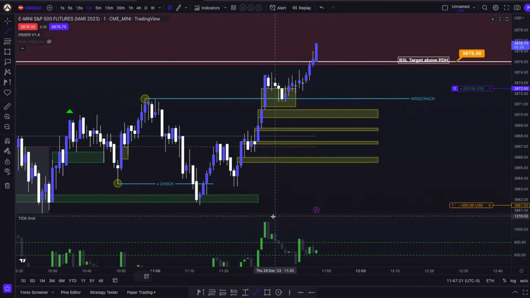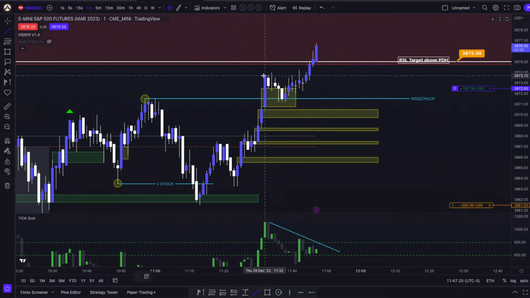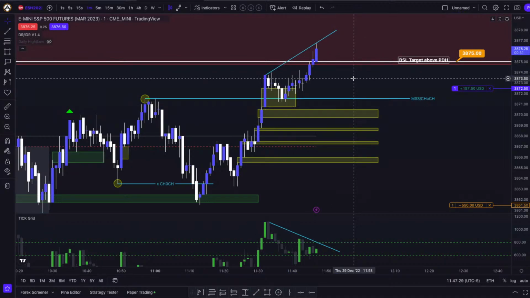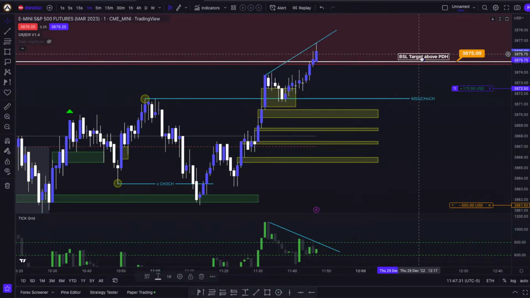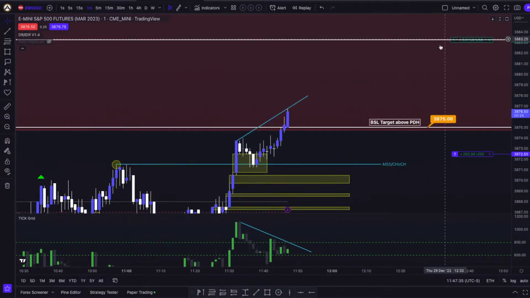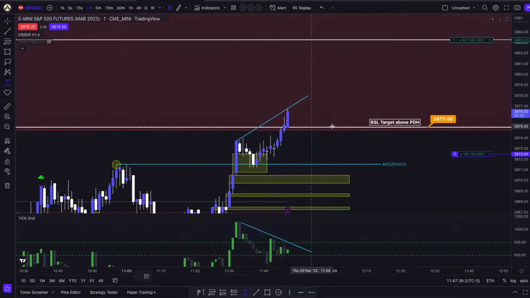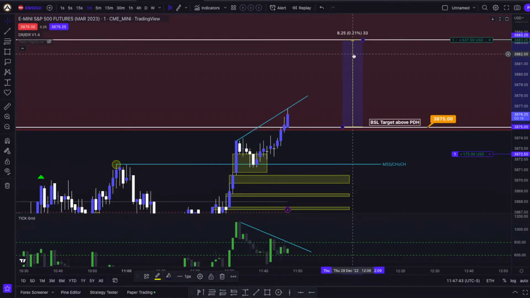You see that we form lower highs on the tick grid while we're forming significantly higher highs on the S&P 500. So I'd say the overall buy side liquidity target is hit. We will see if we reach our 0.5 standard deviation. I mean, it should only be a range of 33 ticks, 8.25 points. This should be possible and in reach. We will see.